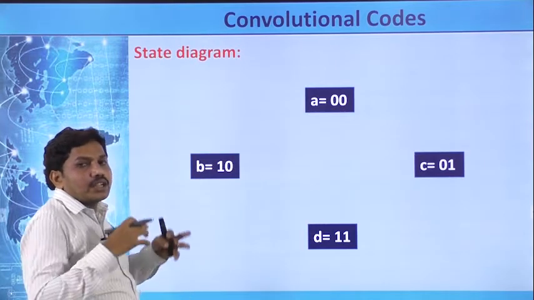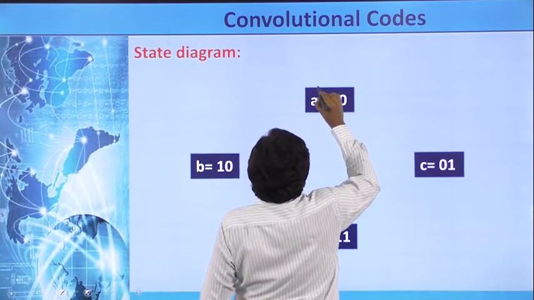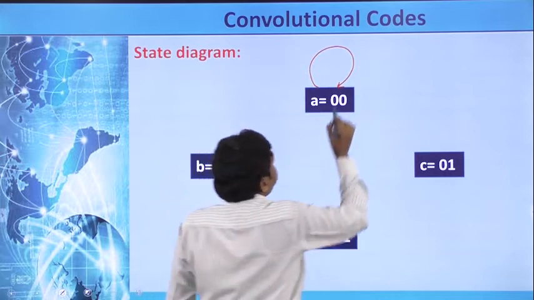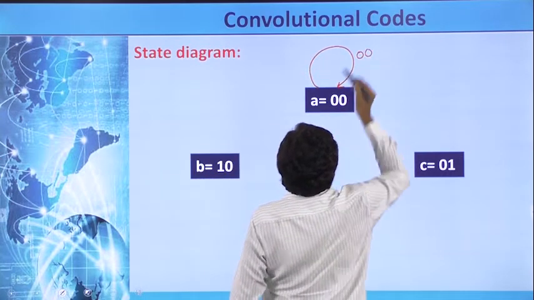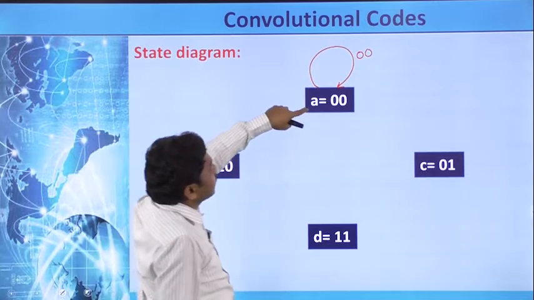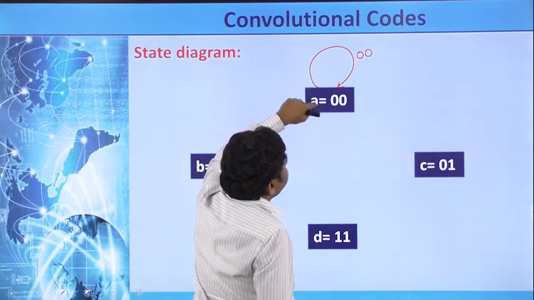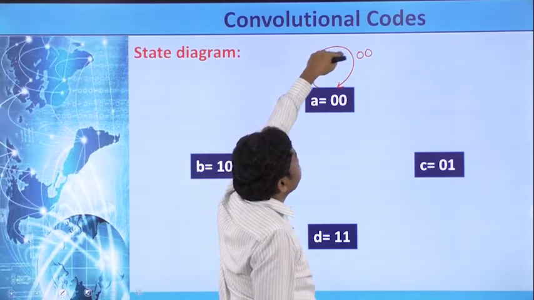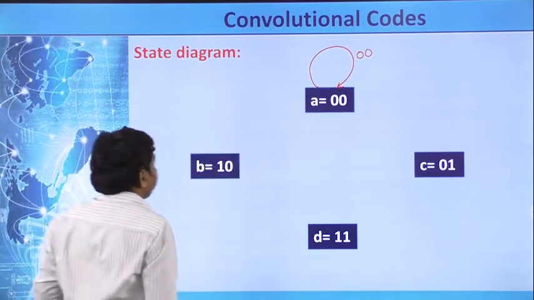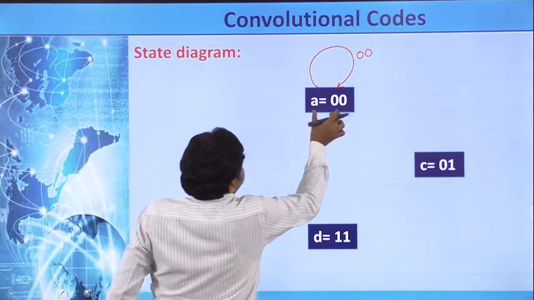When the input is applied to 0 0 state, the next state is also 0 0. The output bits are 0 0. The present state is 0 0. Whenever the input is 0, it moves into the same state with the output bits 0 0. Present state is 0 0.